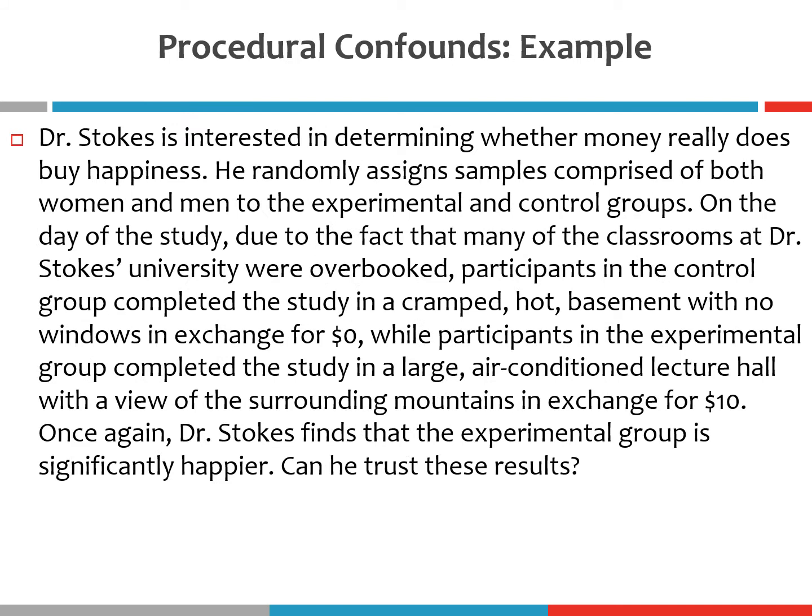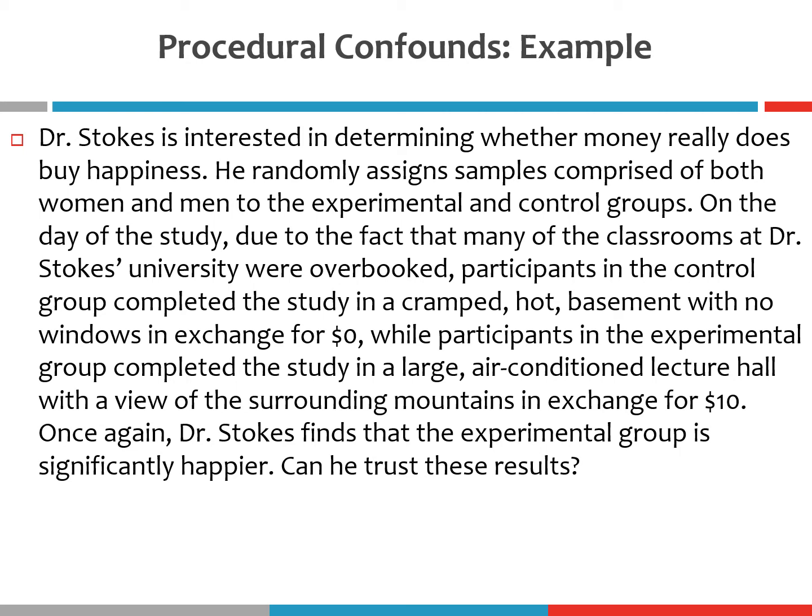Okay, so let's look at another example. Dr. Stokes is interested in determining whether money really does buy happiness. He randomly assigns samples comprised of both women and men to the experimental and control groups.